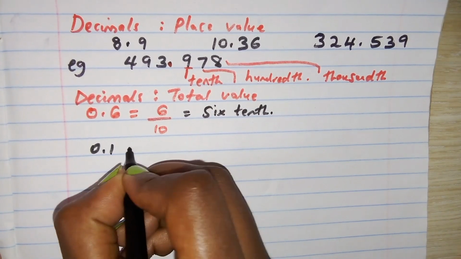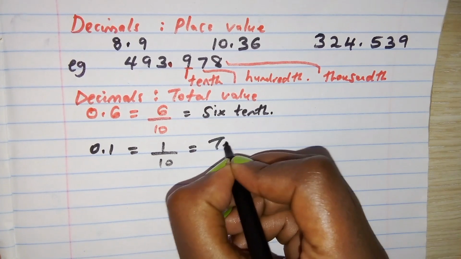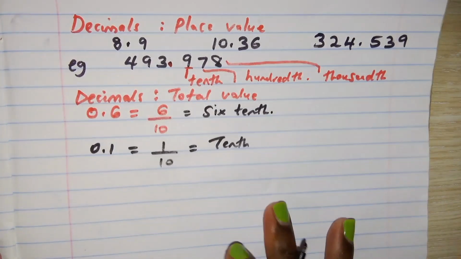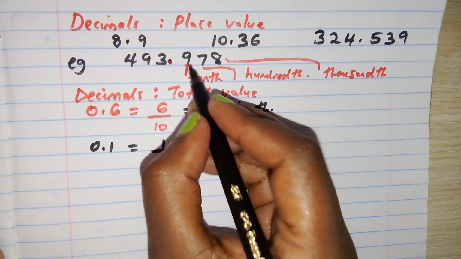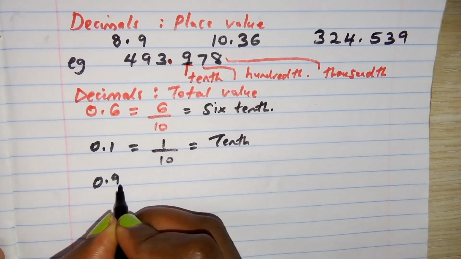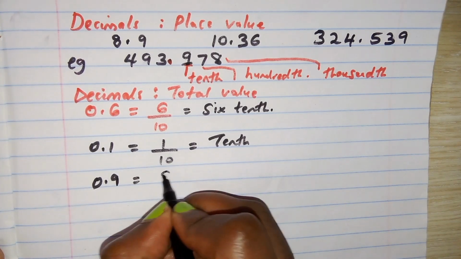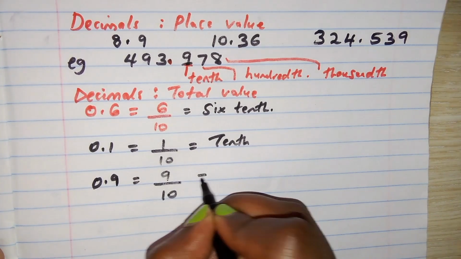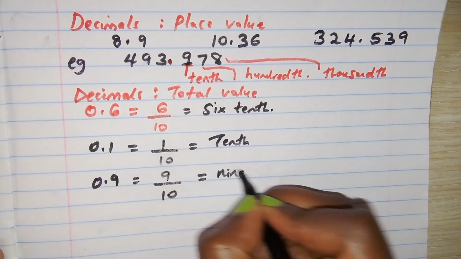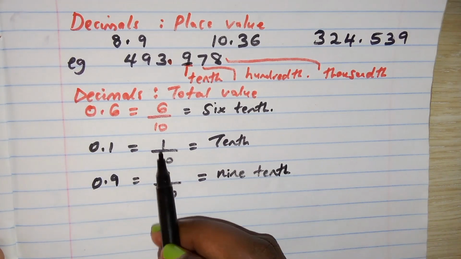Or 0.1 can be written as 1 over 10. So for 0.9, you can either write it in decimal form, or as a fraction, 9 over 10, or in words, 9 tenths. Tenth signifies it's over 10.